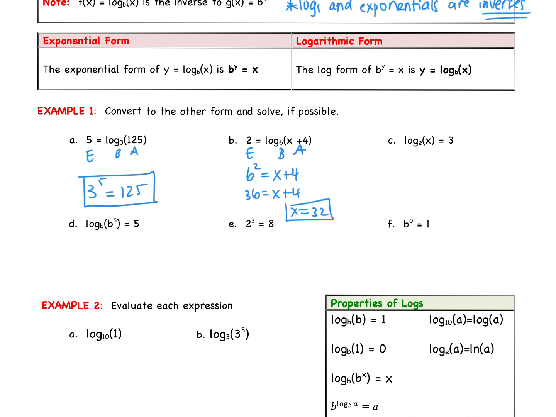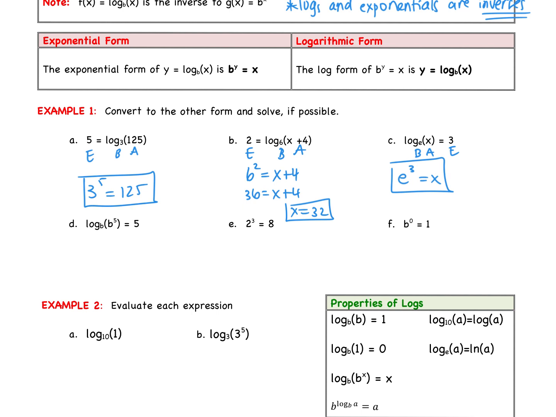Okay, so then in C, same general idea. I have base, argument, exponent. So my base is e, my exponent is 3, and I set it equal to x. Some of you I told this to the other day when you asked me, e is just a number. e is just a number, it's kind of like pi, it has its own symbol.